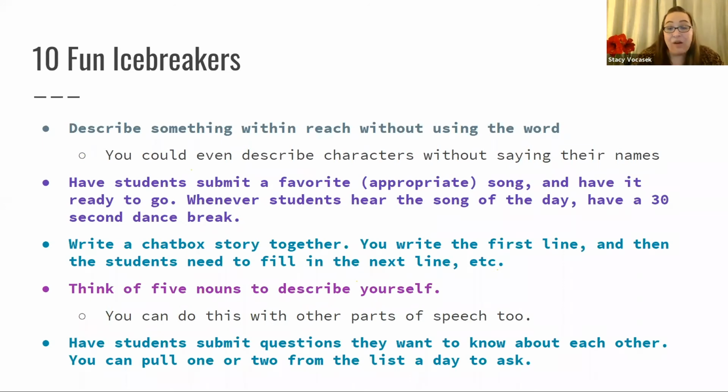Think of 5 nouns to describe yourself. We don't usually describe ourselves with nouns, but you could do this with other parts of speech too, as part of language practice. And think of, again, historical people, characters in books, inanimate objects, science things. 5 nouns to describe a tree.